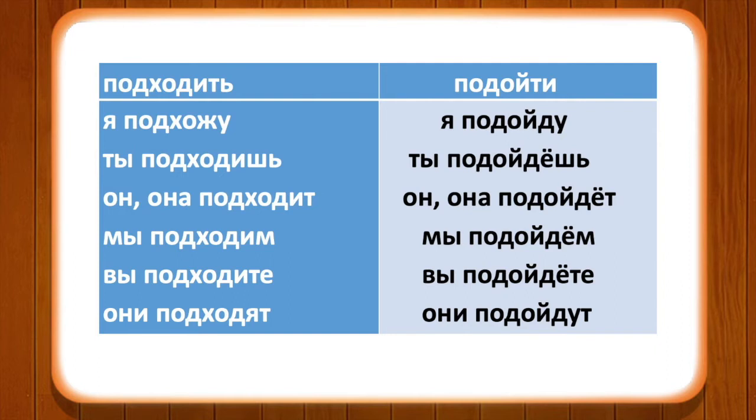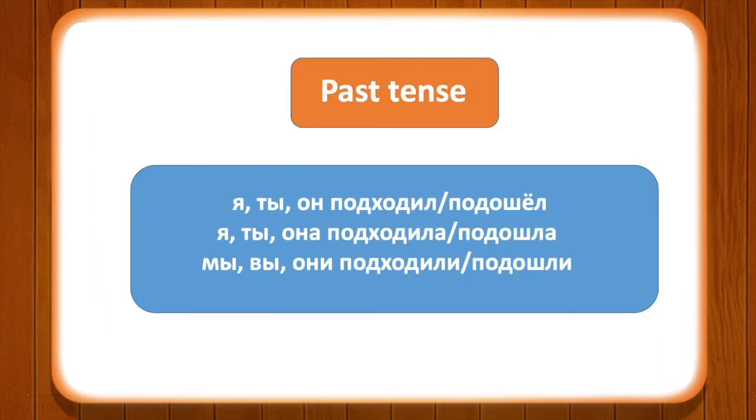Now we will conjugate the verb подойти. Я подойду, ты подойдёшь, он, она подойдёт, мы подойдём, вы подойдёте, они подойдут. So largely the conjugation remains the same, however the prefix is attached to both the verbs. The past tense we already know.